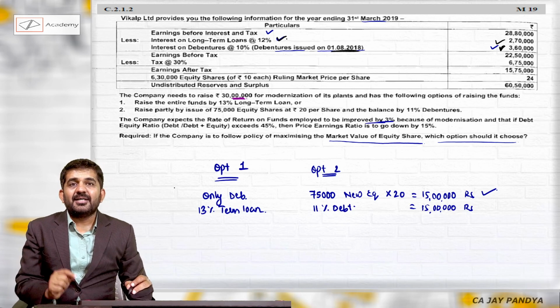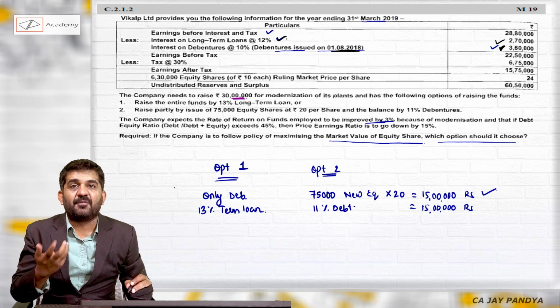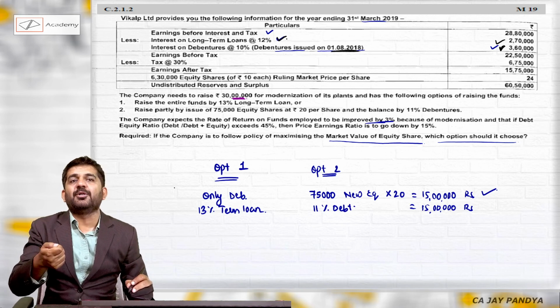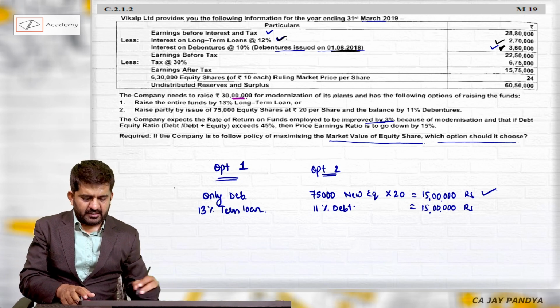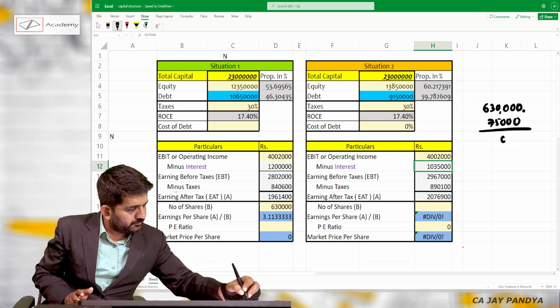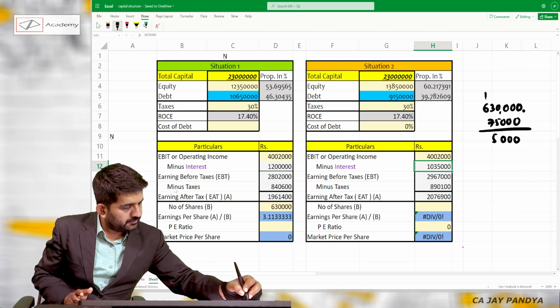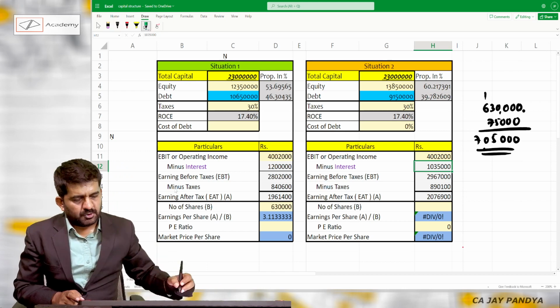But sir, 75,000 shares of 10 rupees is only 7,50,000. No, they are issued at 20 rupees. But you will have to issue only 75,000 new shares. So there will be addition of 75,000 more shares. So now new number of shares will be 7,05,000.